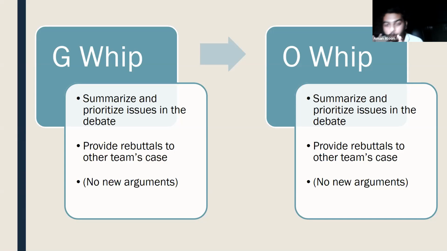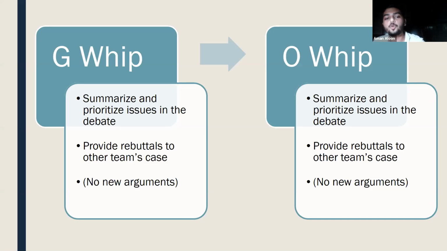What he has already seen in the battlefield is that his two team members, the prime minister and the deputy prime minister, have already gone and there has already been a lot of bloodshed. So now he comes and says, okay, let's wait, let's summarize what are the most important points that we were talking about. You summarize and prioritize the issues in the debate, and then you say, the other team talked about this point, but you give rebuttals against it.